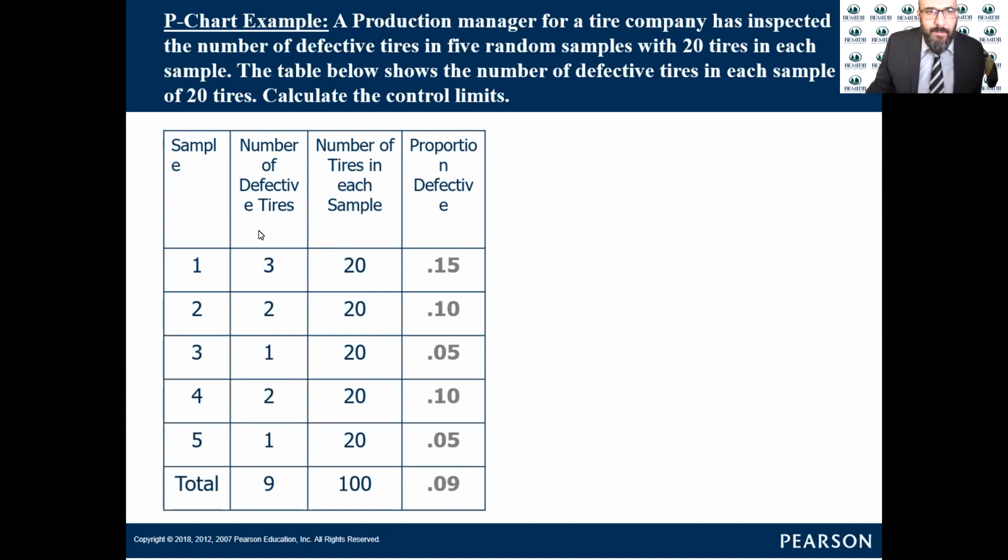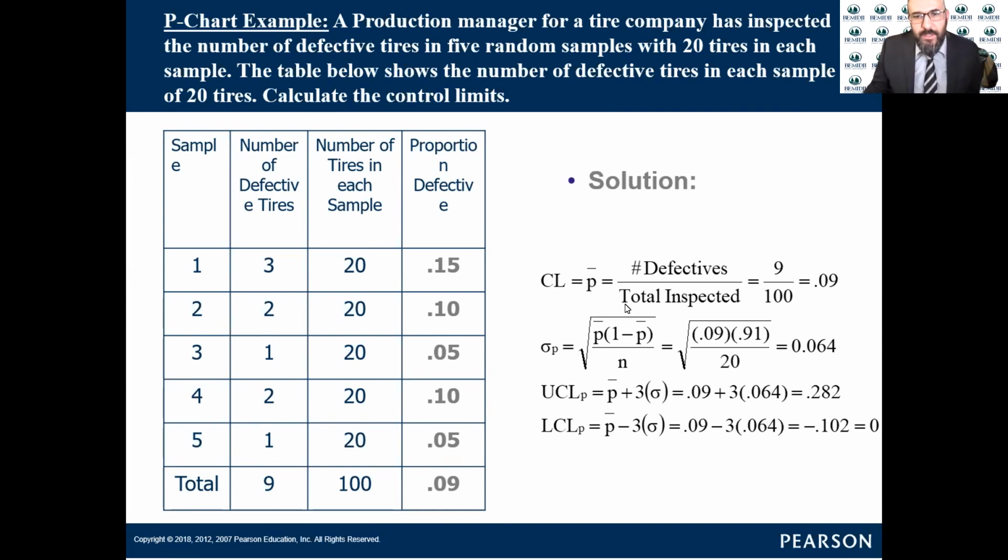We found 3 of them are defective. We can't use them. Sample 2, we have found 2. Sample 3, we found 1 defective tire. Sample 4, we have found 2 defective tires. Sample 5, only 1 tire that is defective and cannot be used. So let's take a look into the equations.